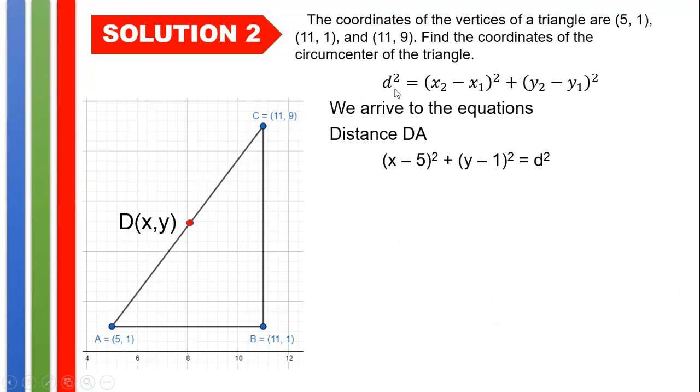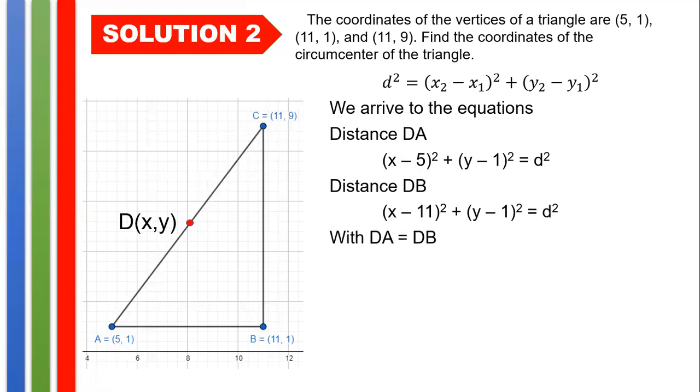I also utilized the symmetric property of equality to arrive at this equation. For distance DB, that's (x minus 11) squared plus (y minus 1) squared equals d squared as well. And as I mentioned earlier, DA should be equal to DB because D is equidistant to all of the vertices.